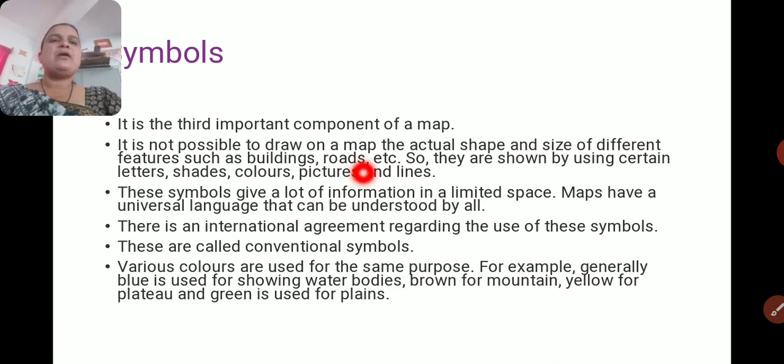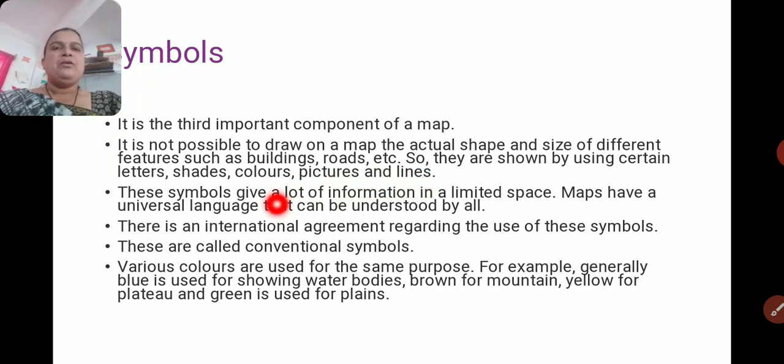For that reason these places are shown by using certain letters, shades, colors, pictures and lines. These symbols give a lot of information in a limited space. Limited space is required to write the letters or draw shades or colors, and we can easily understand them.